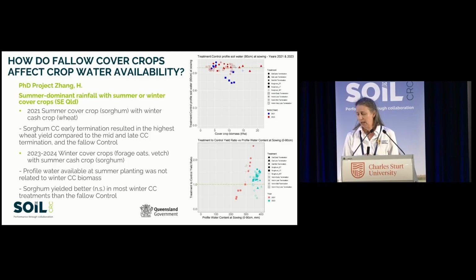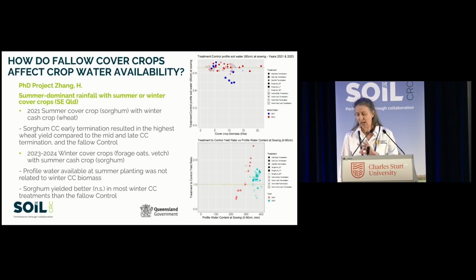Han Lu also presented last year, and that conclusion was that for a summer cover crop, if that was terminated early, there was a good yield advantage in the subsequent wheat crop. And some of the other treatments with mid and late termination were also successful.